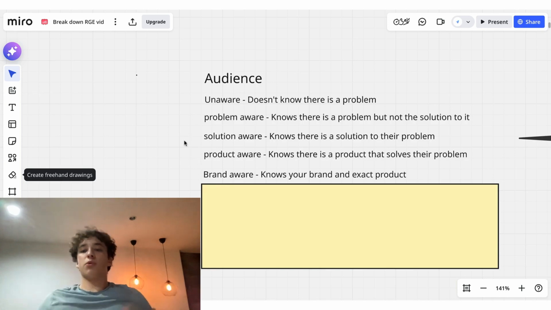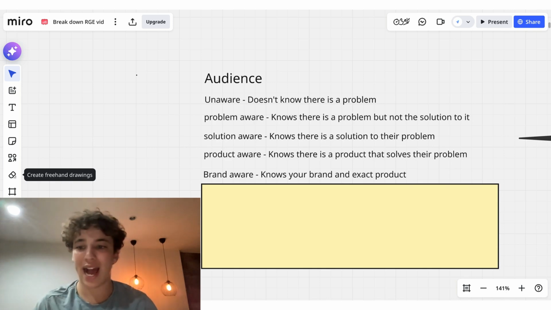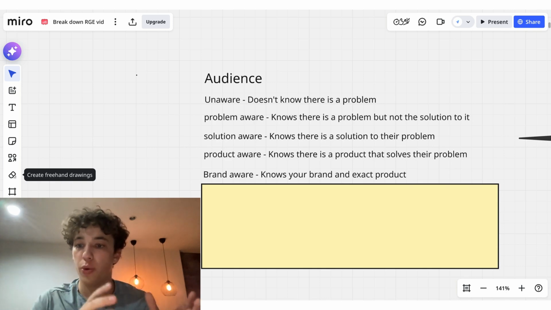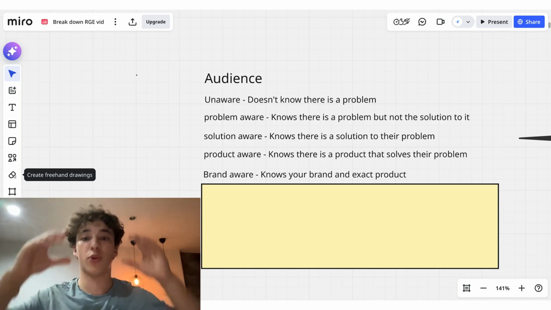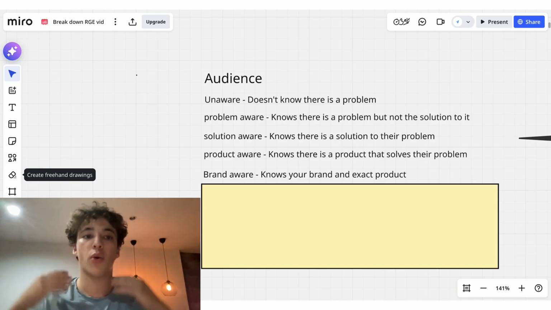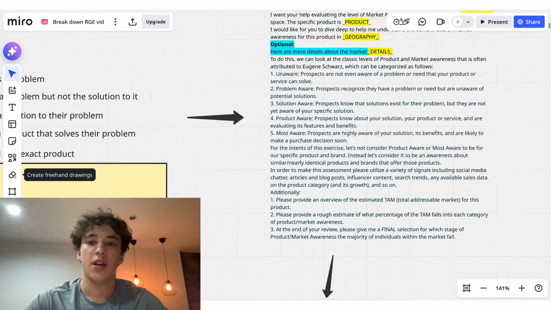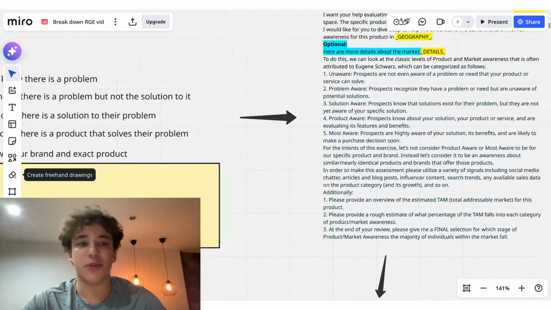So what I'm trying to get at here is if you have a product that people are more unaware of, you have to teach them. You have to have a big section in the body where you teach them about your product and the problem that it solves. So to find this, we can use AI.